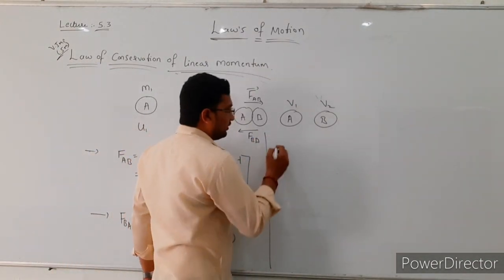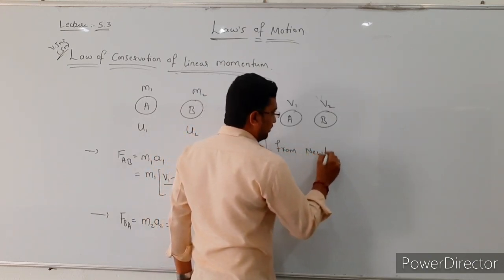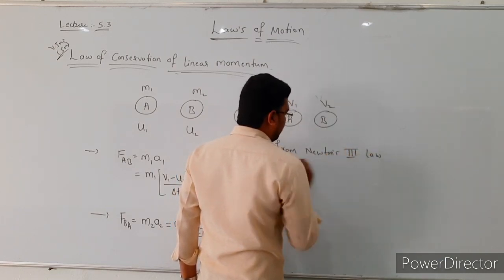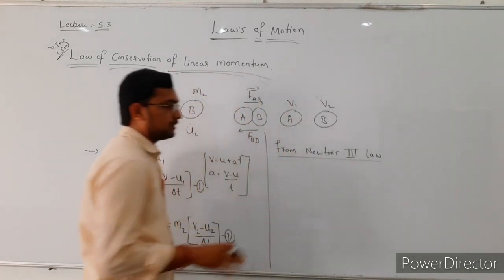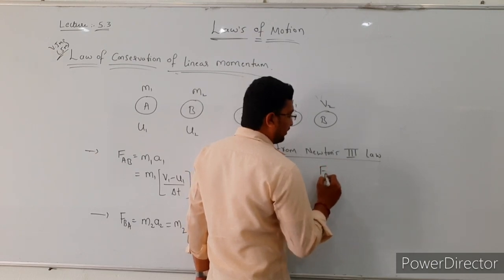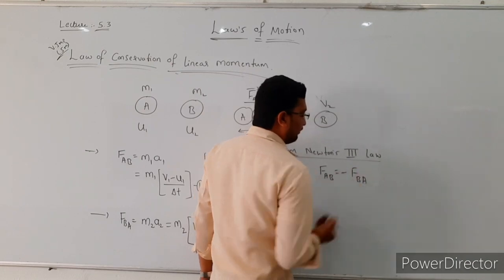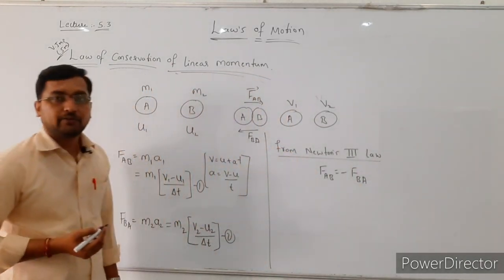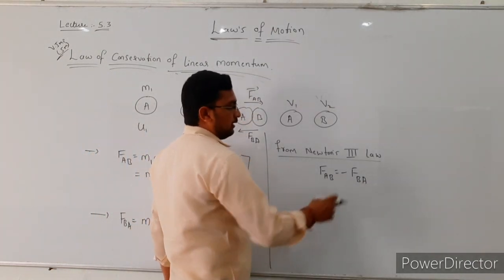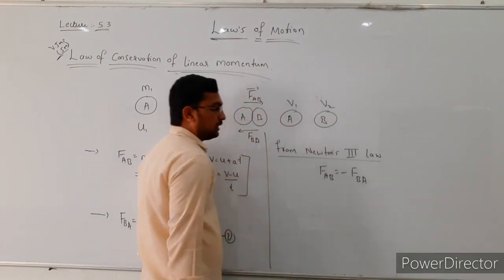Next, from Newton's third law, for every action there is an equal and opposite reaction. According to Newton's third law, the force F of AB is equal to minus F of BA, which indicates that the force on the second body by the first body and the force on the first body by the second body are equal in magnitude but opposite in direction.